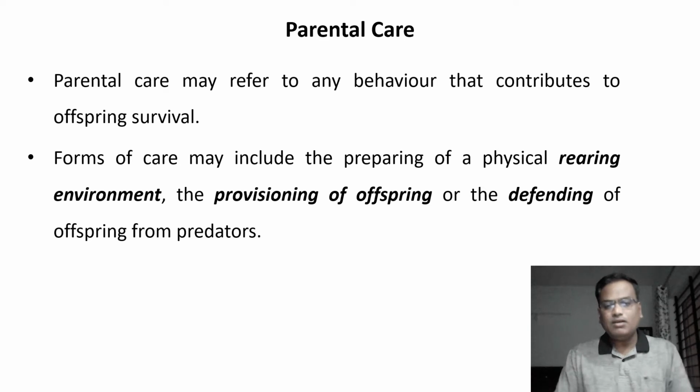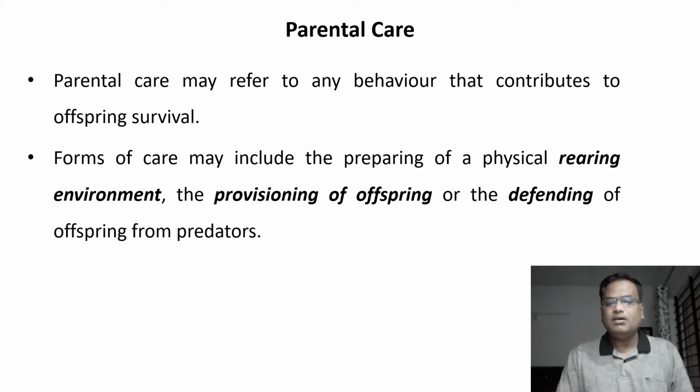Then provisioning of offspring means providing food to the offspring. This is an essential behavior in most of the species which show parental care behavior. So the parents will bring the food and they will give it to the young ones, the young ones which are not able yet to find their own food, to hunt their own food.